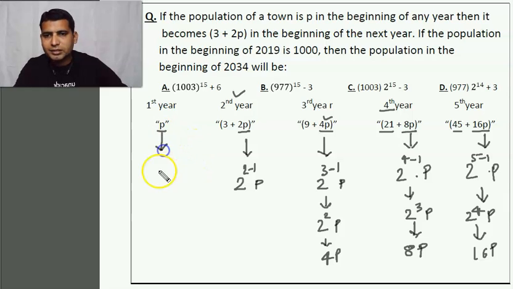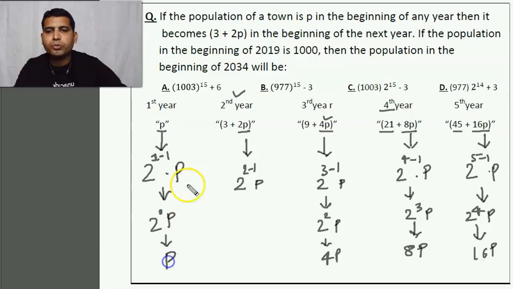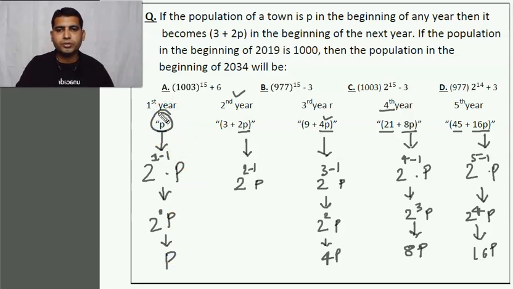So here also, for the first year, I can write 2 to the power 1 minus 1 into p, sorry, it's not 0, it should be 1 minus 1 into p, which in turn is equal to 2 to the power 0 p, and finally would be equal to p, which exactly I was seeking. So this pattern works.